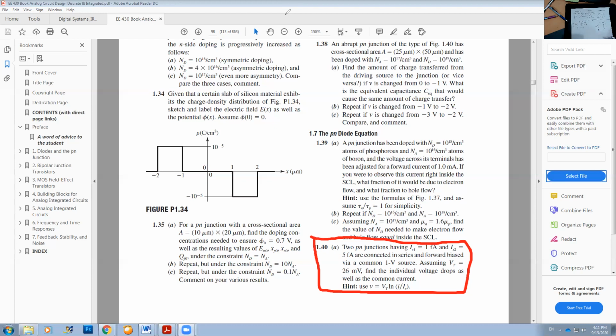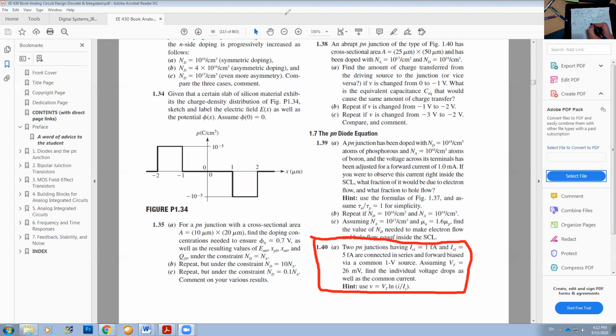Find individual voltage drops as well as the common current. So we need to find V1, V2, and also we need to find the common current, I.